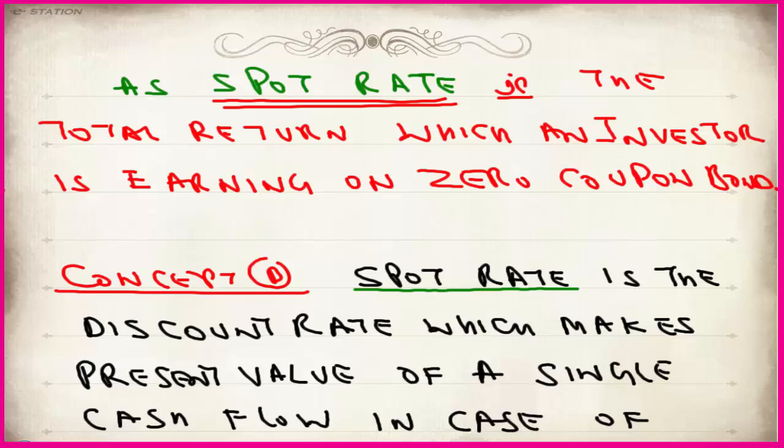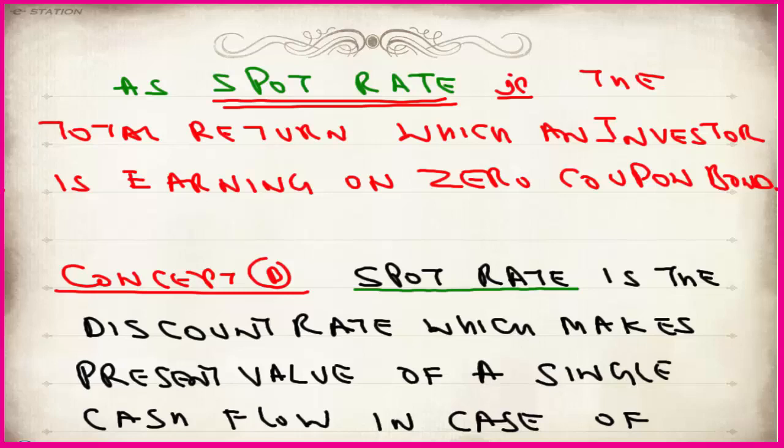The YTM of a zero coupon bond is named as the spot rate. You have to remember that in case of a zero coupon bond, because there is no coupon interest and no reinvestment, the return you get is based on different maturities, just like bank FD. That is named as YTM, the total return which an investor is earning on zero coupon bonds.